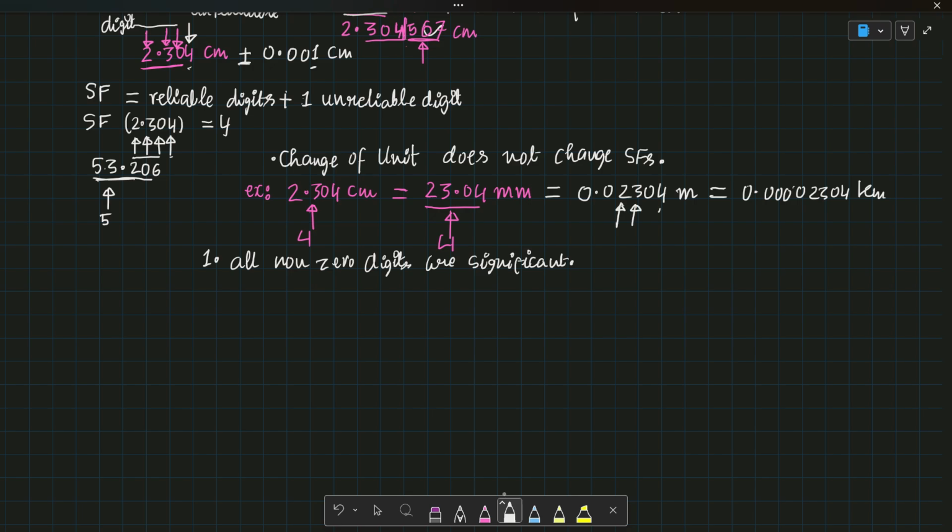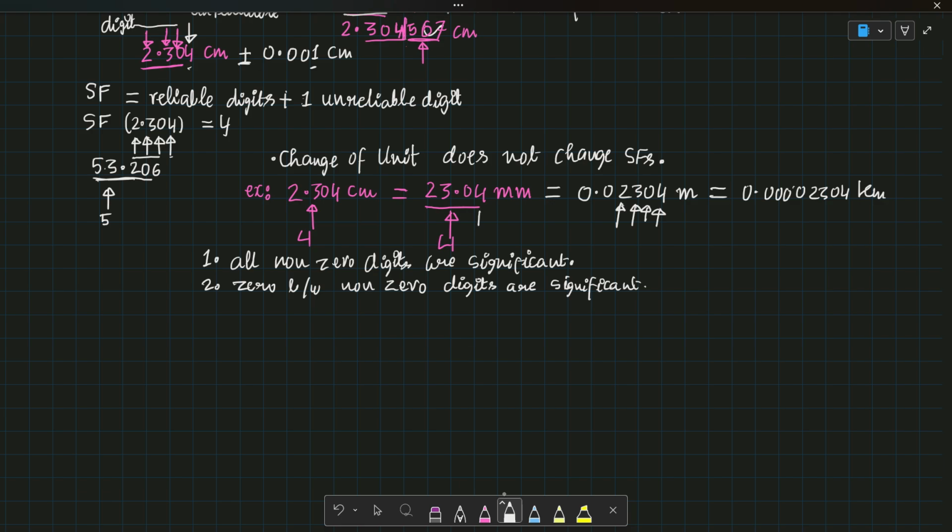You do not have any doubt in that. And zeros between non-zero digits are significant. So this zero is also significant.